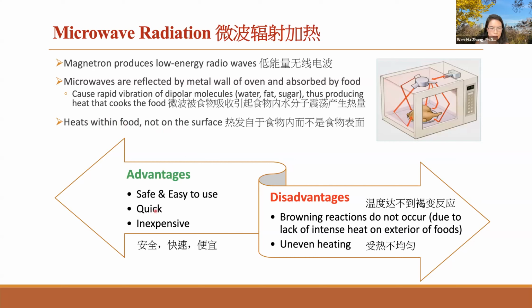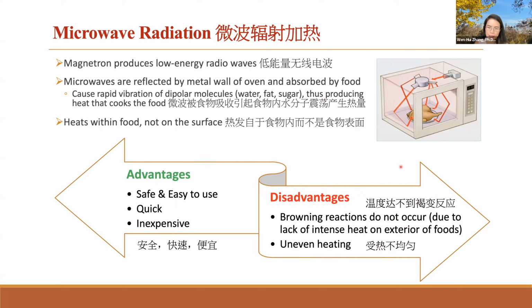The advantages are that it's safe and easy to use, quick and inexpensive. The disadvantage is that the temperature is not high enough, so it won't get a browning effect. And it could cause uneven heating, so you always need to stir after microwave heating.